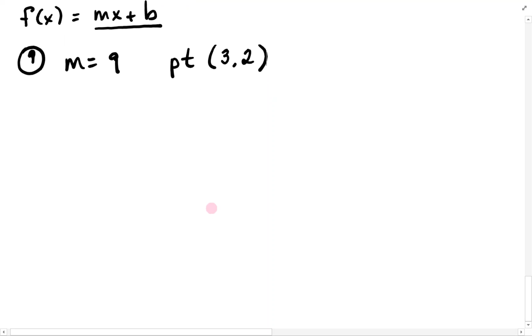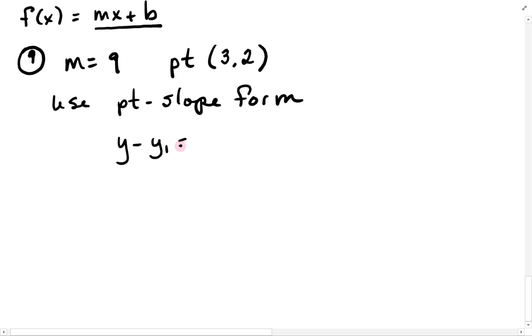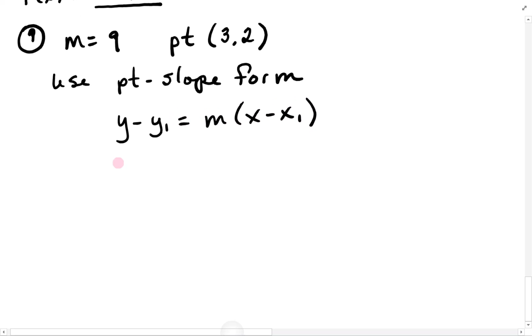Because I'm given slope and a point, I use the point slope form, or point slope equation, which is y minus y1 is equal to m times x minus x1. So that's y minus 2 is equal to 9 times x minus 3.